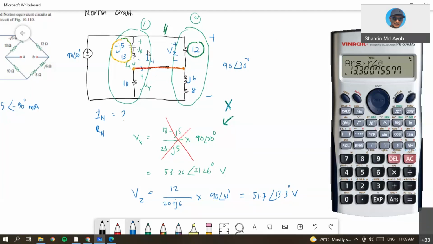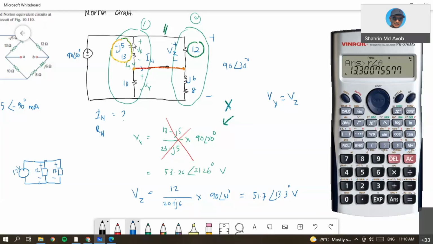If parallel, the voltage across here, Vx, should equal Vz, because they are parallel. If anything is parallel, for example you connect it with a 12 volt battery, then this voltage should be 12, and this voltage should be 12, right?